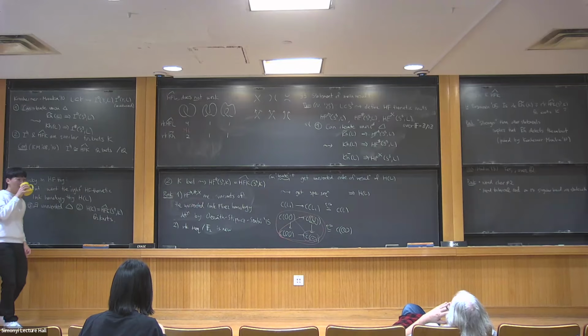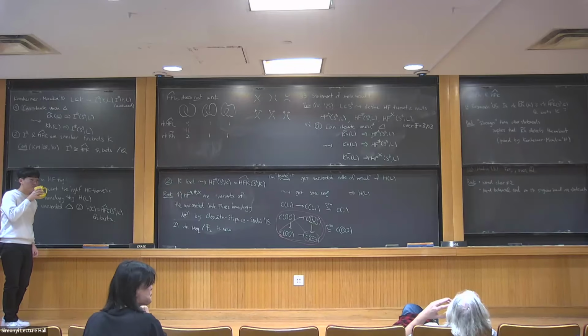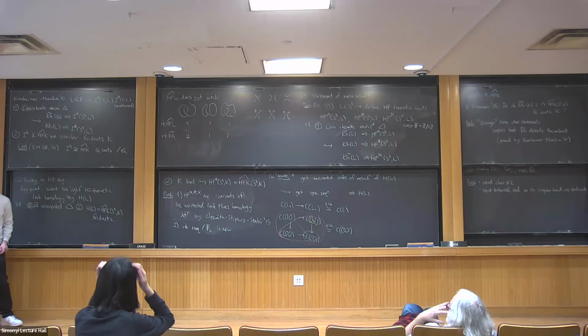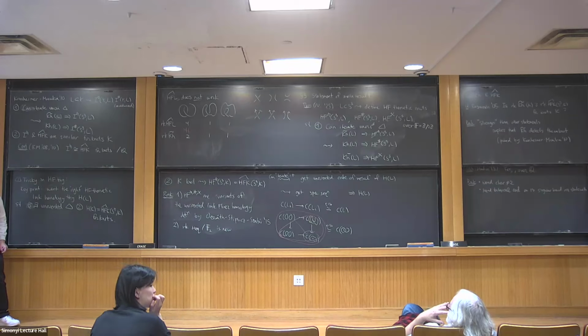So, is it expected that these spectral sequences follow from, maybe say, one homotopy type being the same as the other filtered homotopy type? Oh, that's a great question.